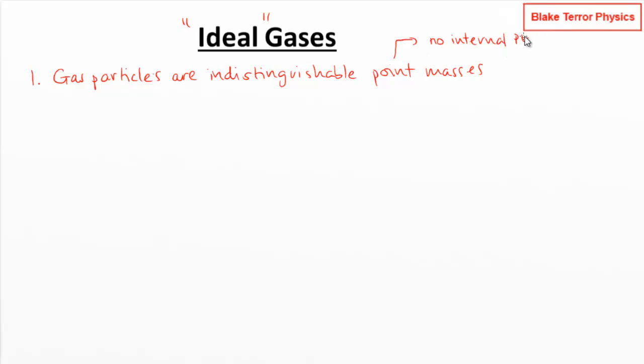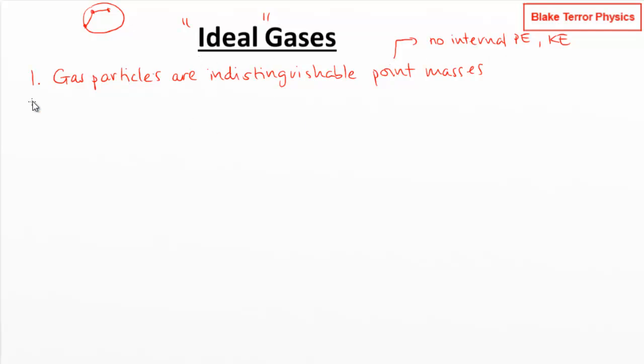We haven't got a structure to these gas particles where you might have, say, three atoms in a row making a molecule which is part of this gas. There's no flexing here. There's no internal vibrations. We're ignoring anything going on inside the gas particle. So there's no internal potential energy or kinetic energy inside these particles.